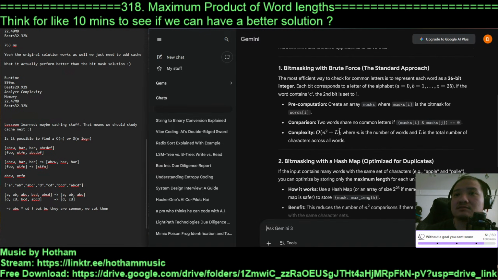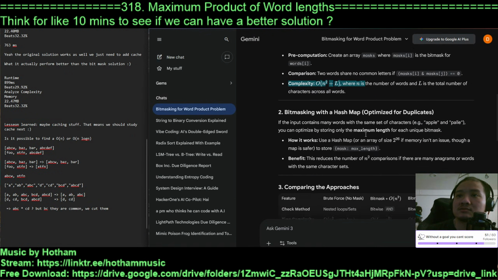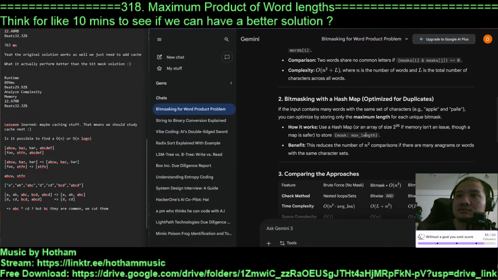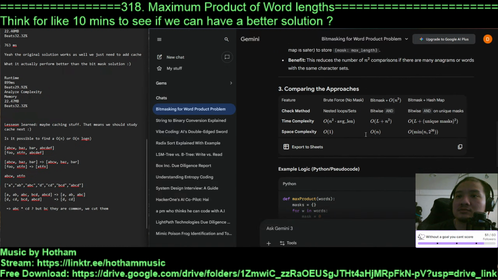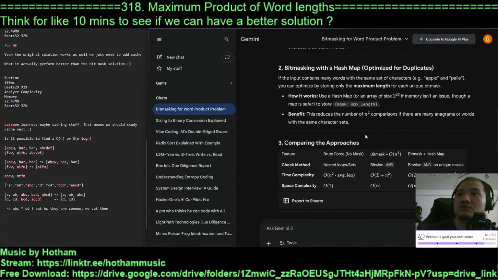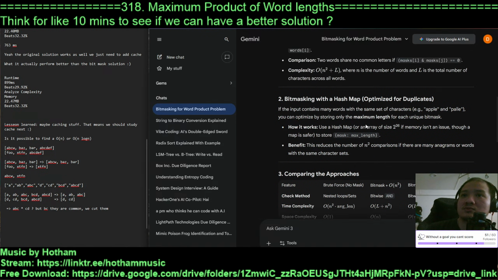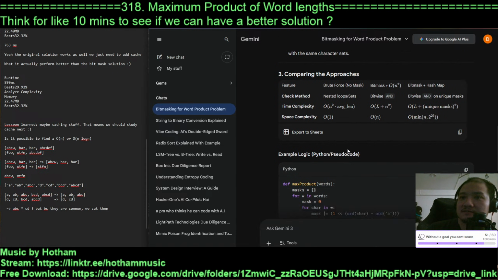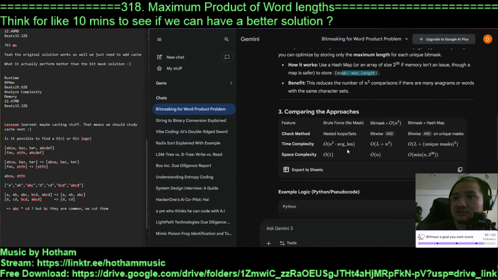This is what I did. Oh, so they do: if the input contains many words with the same set of characters, storing the maximum length is math. What? I don't want to look at the solution.